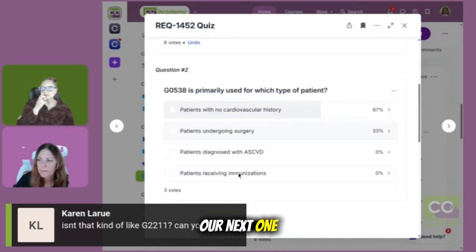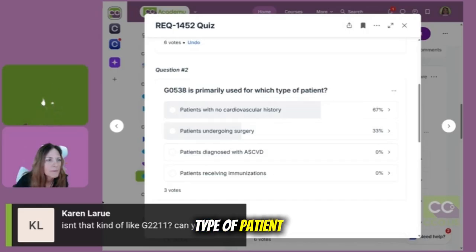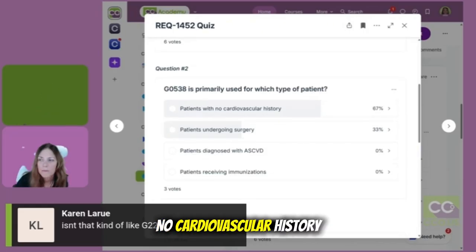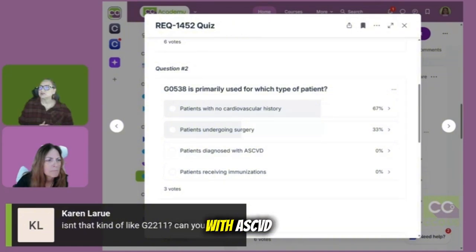Our next one, G0538 is primarily used for which type of patient? A patient with no cardiovascular history, a patient undergoing surgery, a patient diagnosed with ASCVD, a patient receiving immunizations. That might be a little tricky.